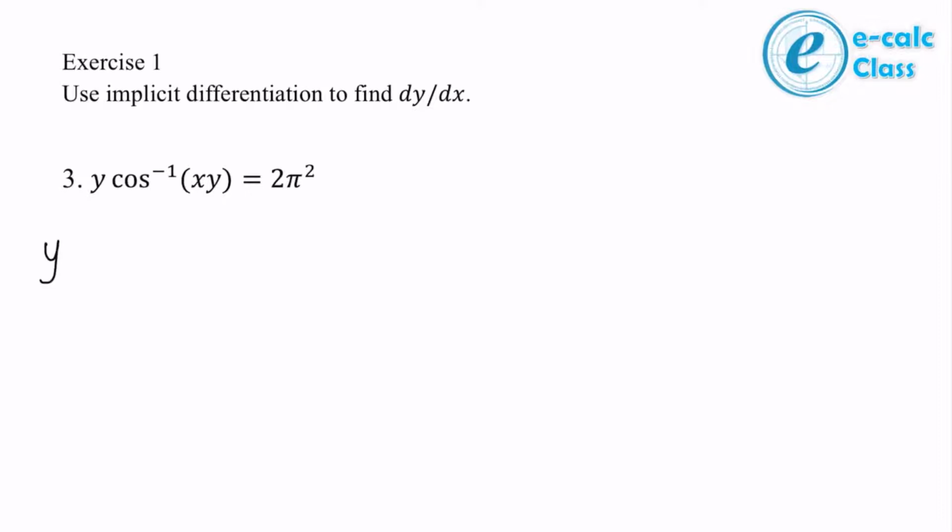Copy first function, differentiate second function, and differentiate inside we have another chain rule, okay? Cos inverse is negative 1 over square root of 1 minus whatever inside squared. Then you need to differentiate inside, right?